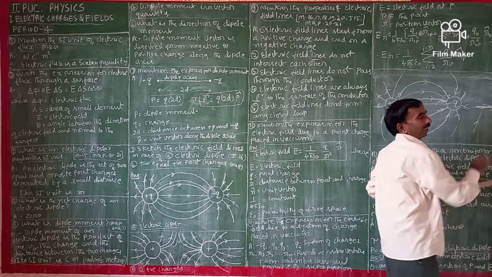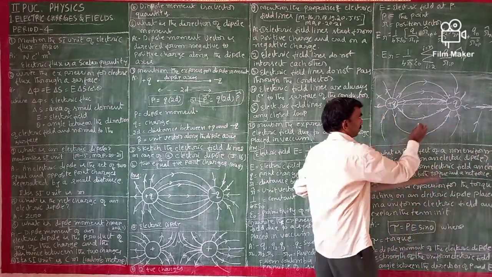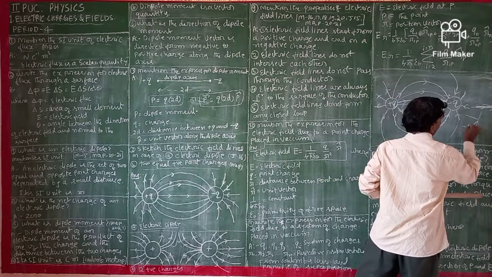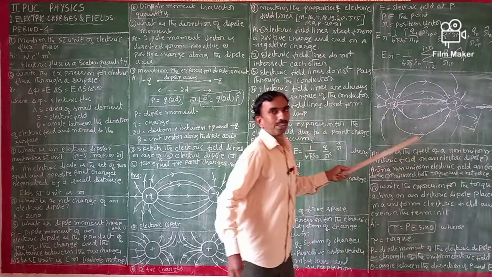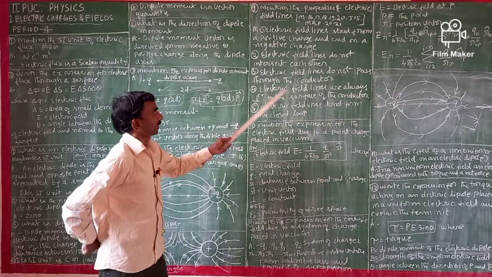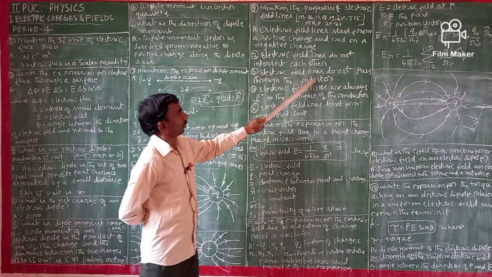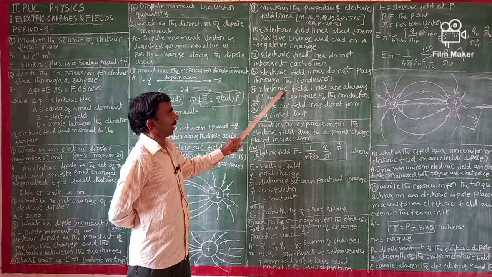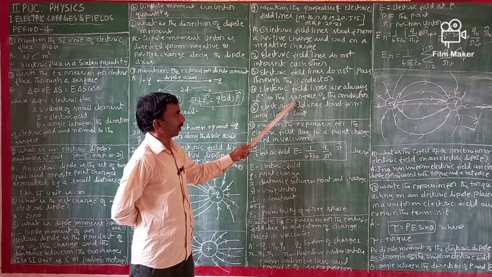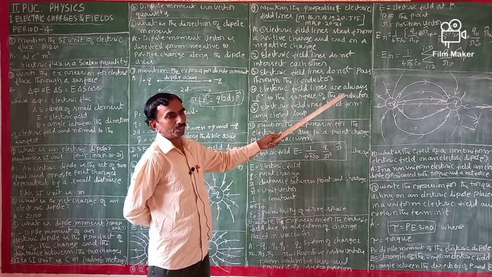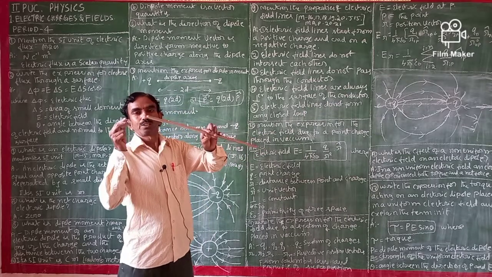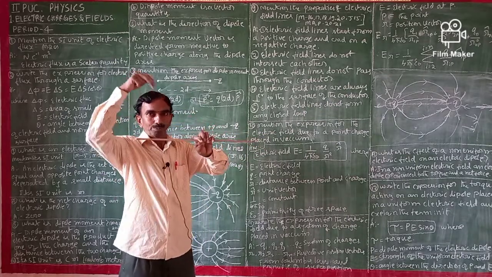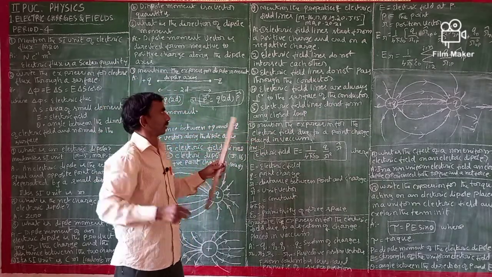They are always perpendicular to the conductor. Electric field lines do not pass through the conductor, and electric field lines are always perpendicular to the surface of the conductor. So this is a conductor; the line will not pass through it. It is always perpendicular to this conductor.